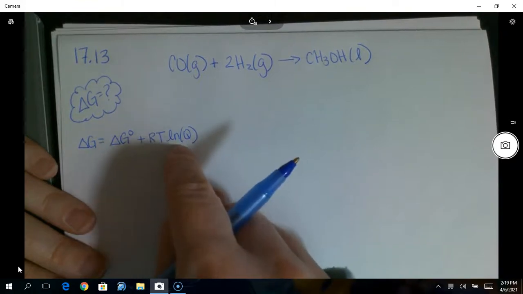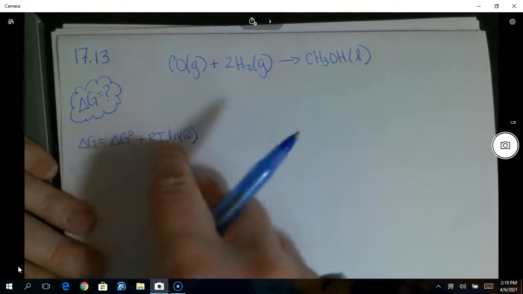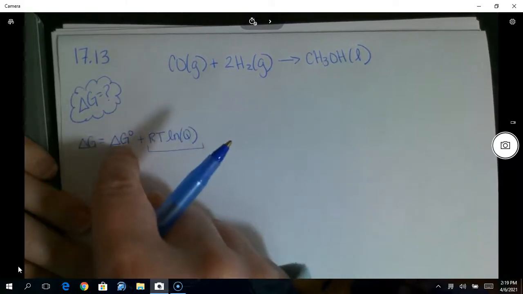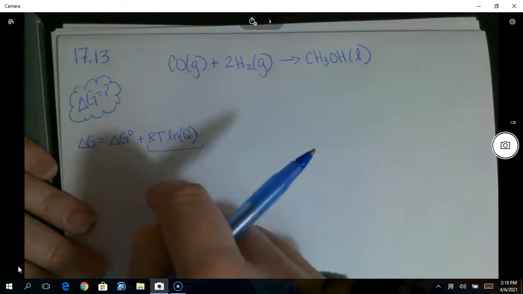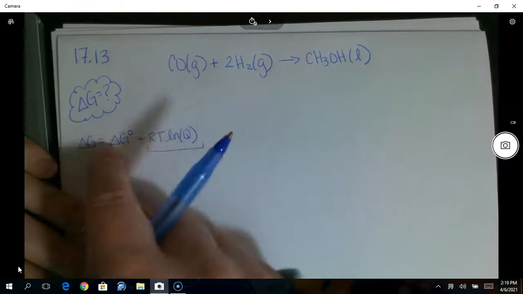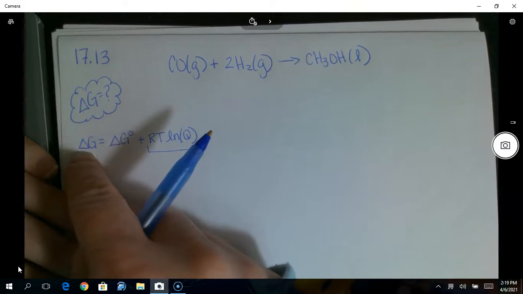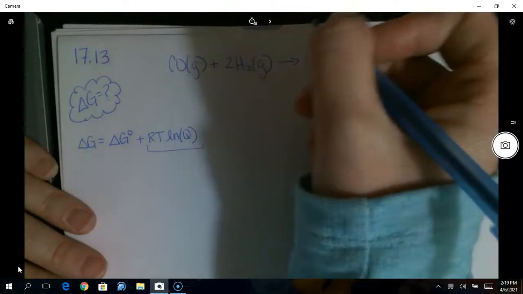So we're bringing this back, okay? This is how, whenever we add this to our standard, and there's lots of background math that you do not need to know, this brings it to normal delta G conditions, so change in Gibbs free energy.